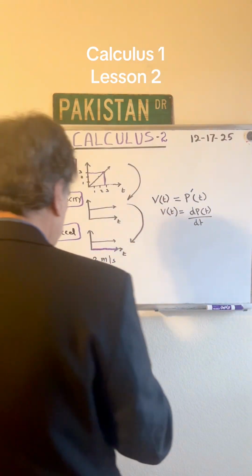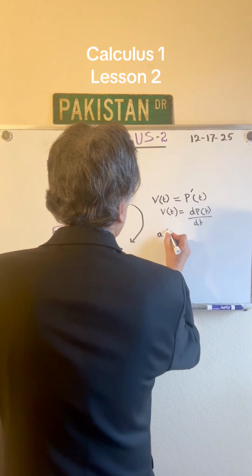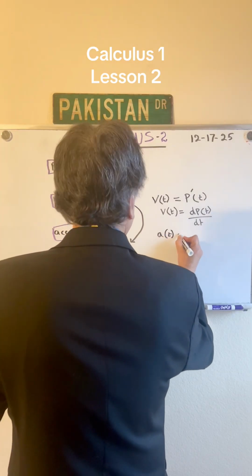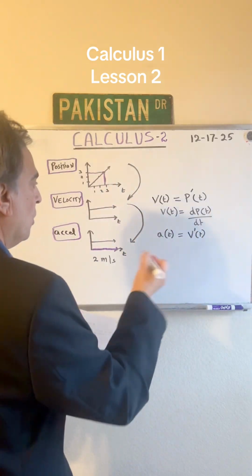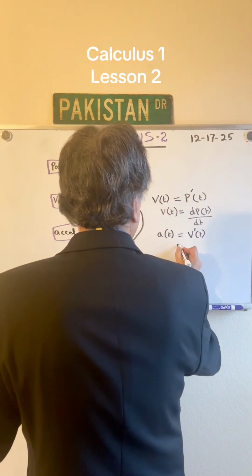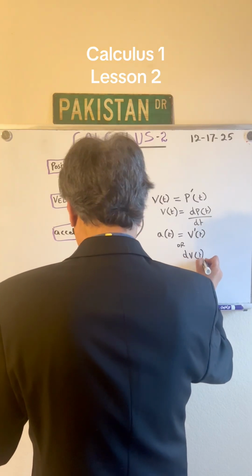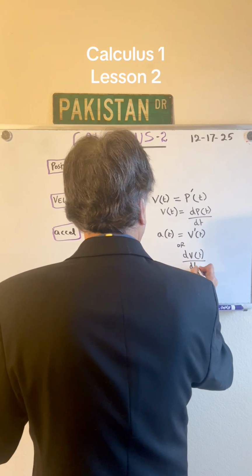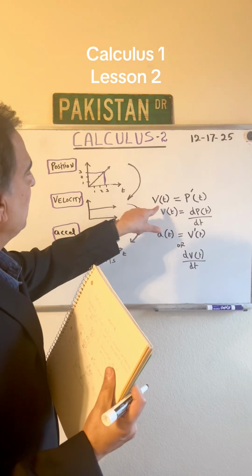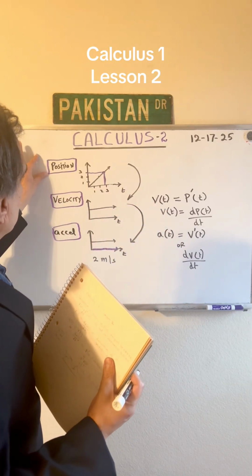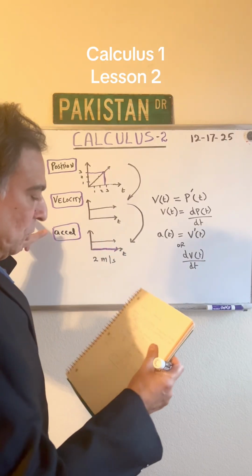Well, we can write it by saying acceleration a(t) is equal to v prime of t, or we can write this as dv(t) over dt. So how's that? This right here is the derivative of position, giving velocity. This right here is the derivative of velocity, giving acceleration.